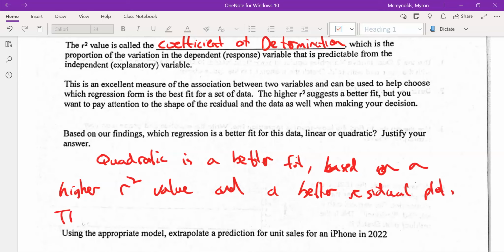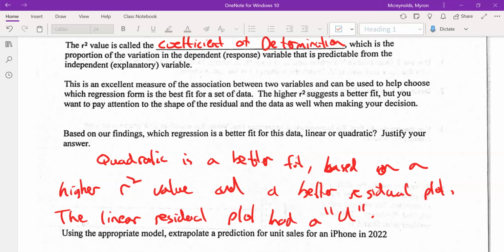The linear residual plot had a U shape, which we don't want. So the linear residual plot had a U shape, which suggests that it might be the wrong type of plot.